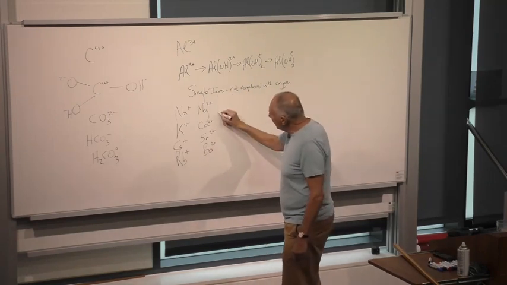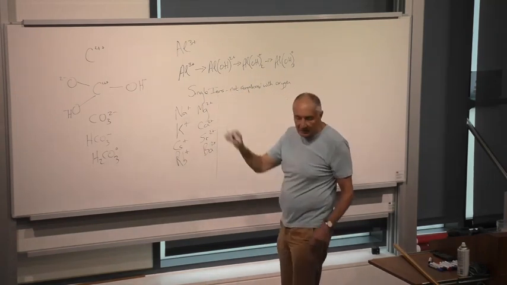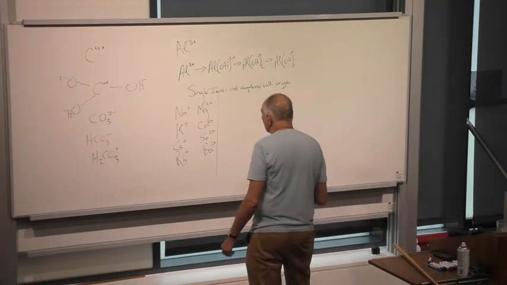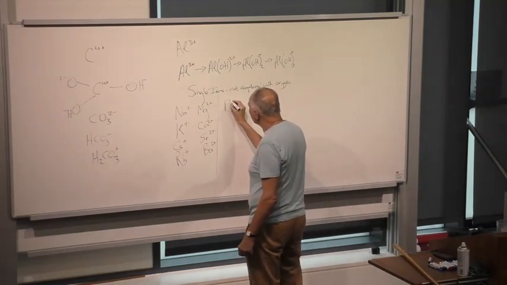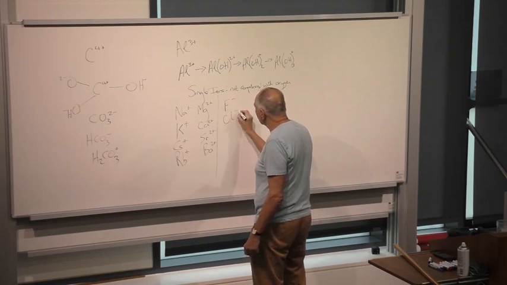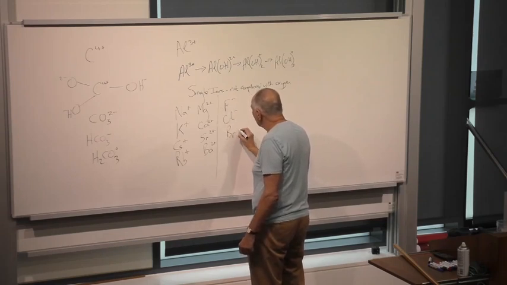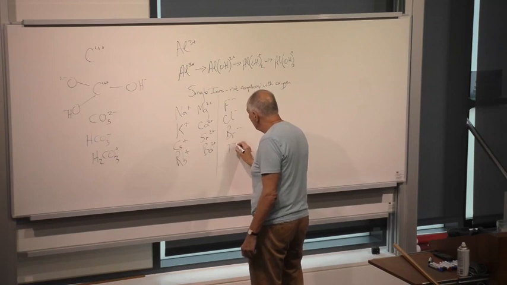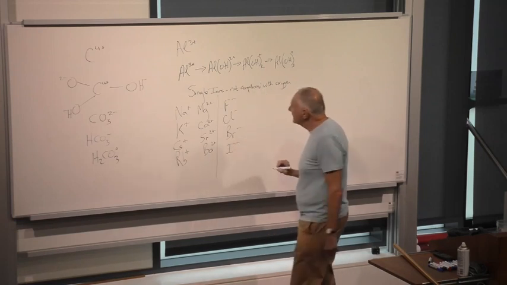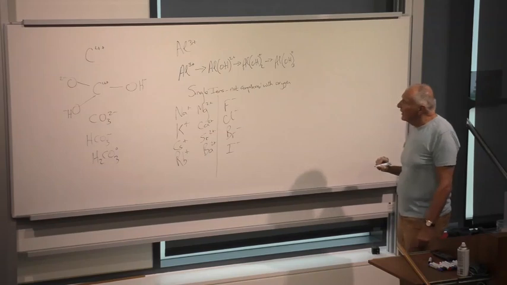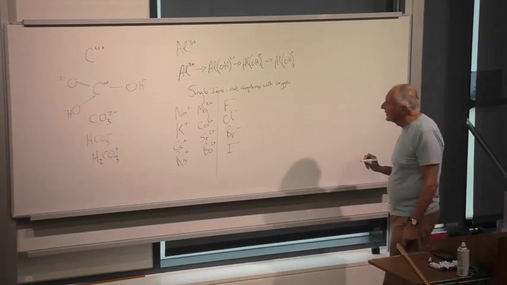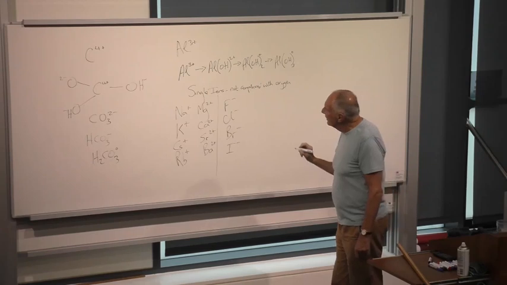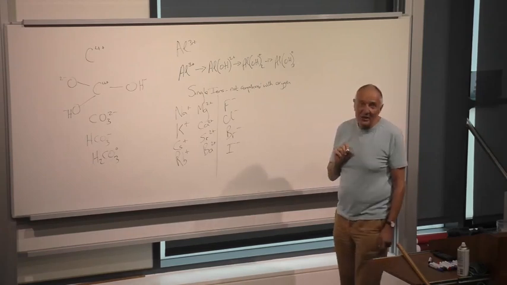And then on the other side, we look to the far right of the periodic table. So the halogens fall into this category. So F-, Cl-, Br-, and I-. And then in group 6, we have oxygen, O2-, that doesn't really exist in solution.